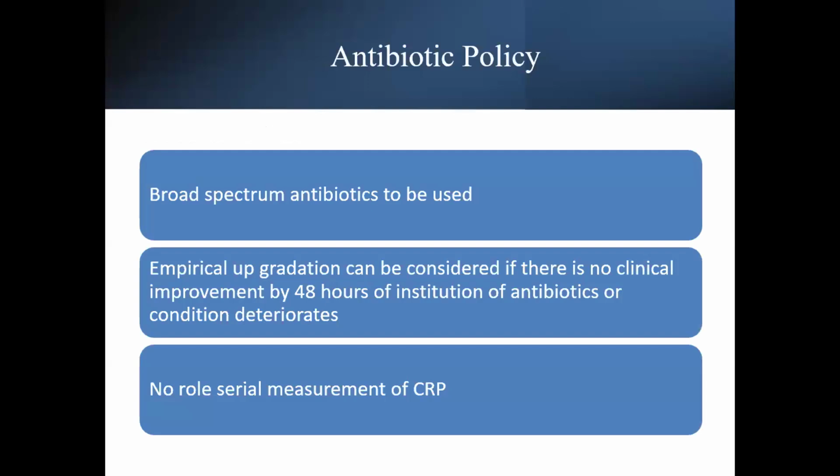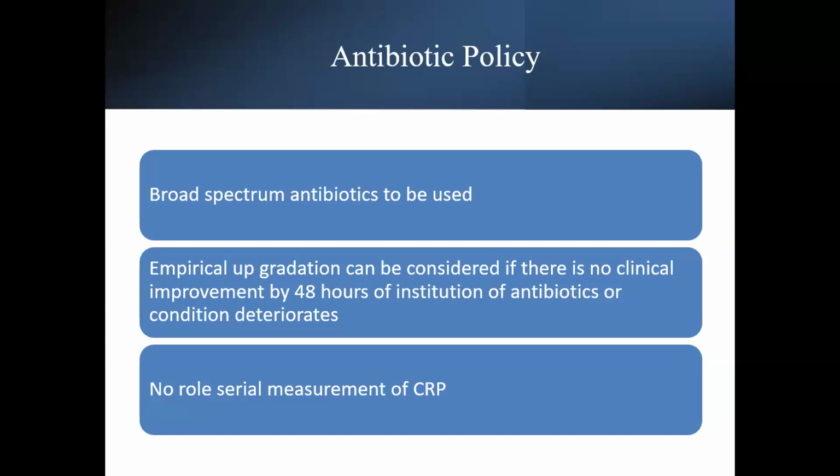Broad spectrum antibiotics are to be used. Empirical upgradation can be considered if there is no clinical improvement by 48 hours of institution of antibiotics or the condition deteriorates. How can you say that the condition deteriorates? There are some signs, like when the baby was improving earlier, then suddenly the baby went into shock. There is an increase in inotropes and the shock is now unresponsive.